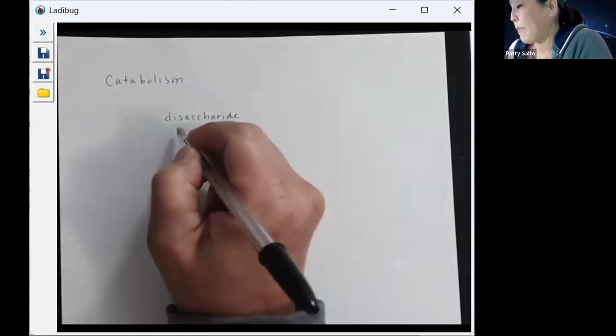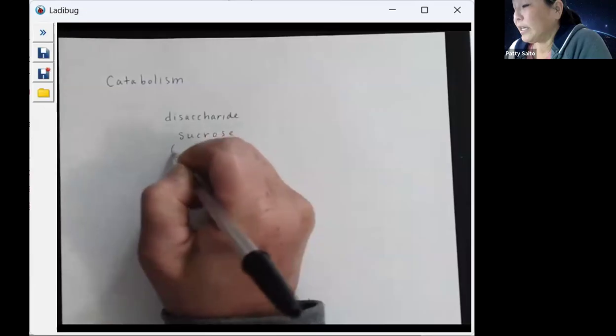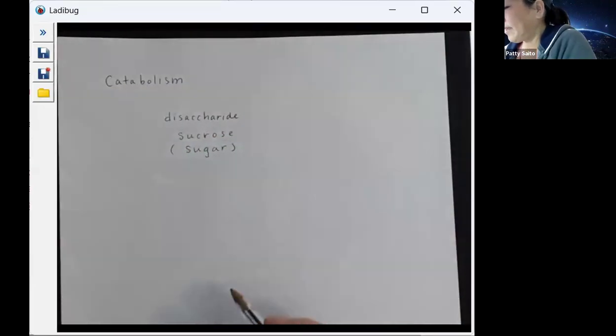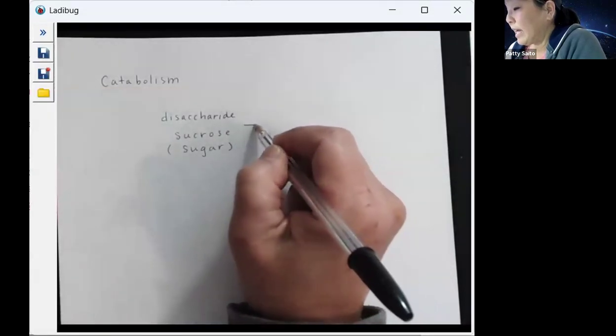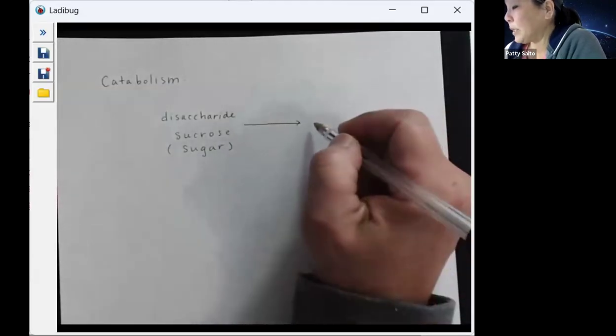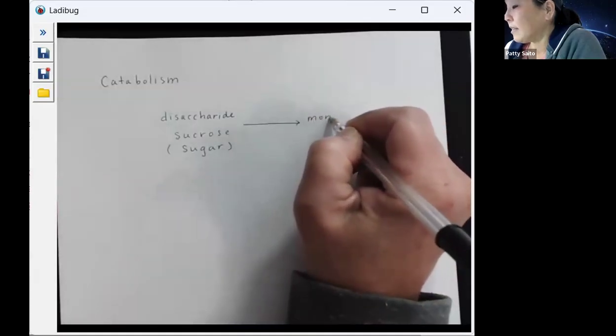An example would be sucrose, which is table sugar. If we take a disaccharide and break it down, we can break it into its two components, two monosaccharides.